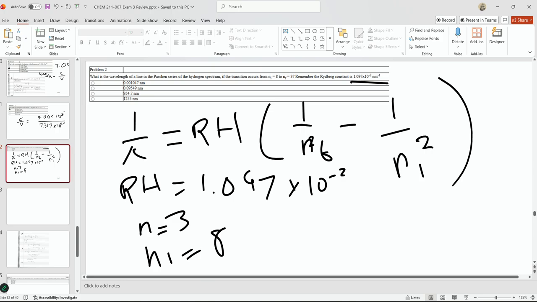I'm just going to write it in my calculator. So R_H is 1.097 times 10 to the -2, times the bracket of 1 over 3 squared minus 1 over 8 squared.